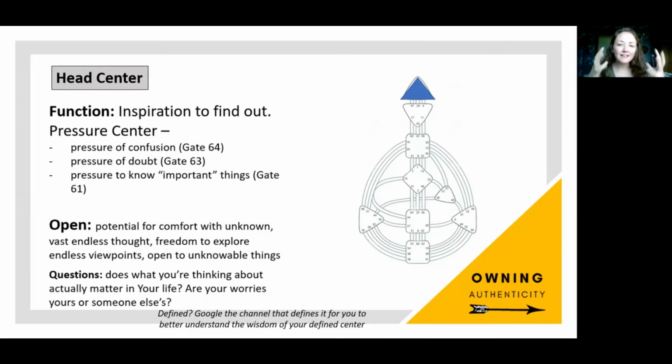So there's a lot of different ways to look at this pressure center. If you have the center open, meaning it's white on your chart, which about 70% of people have, it's because there are only 3 channels. You have to have a planet land in one of these 3 gates. You saw how many gates there are; I think it's 64, and only 3 of them get you there.